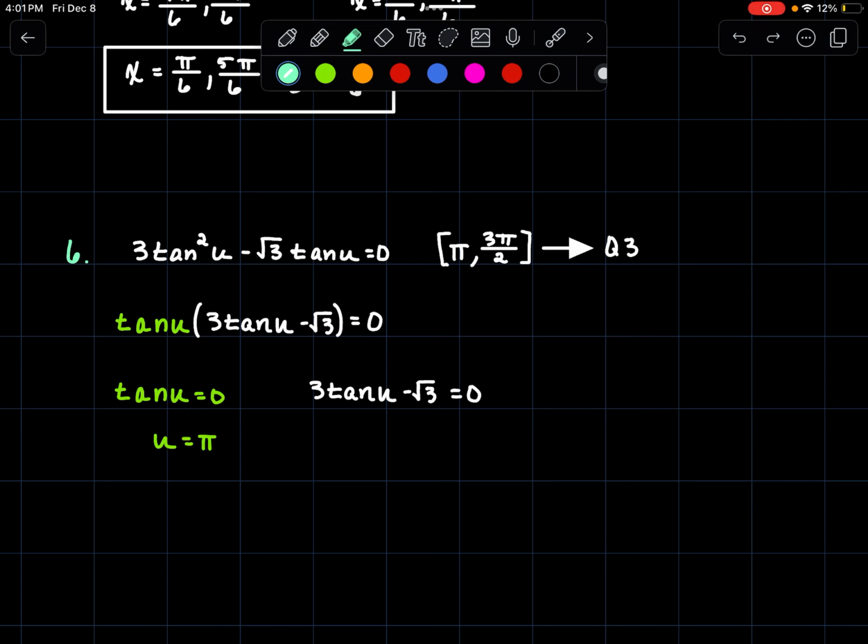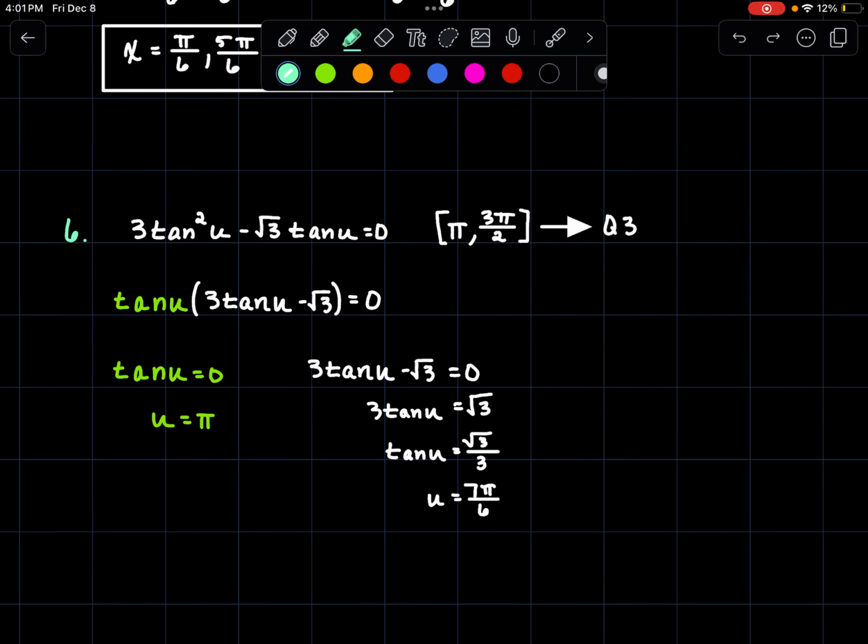And you do in fact have pi. Over to the 3 tangent minus root 3, we would add our root 3 over, divide by 3, and look to see, do I have a tangent value that has root 3 over 3 in that third quadrant? And once again, you do. This would be at 7 pi over 6. So there are 2 solutions to this trig equation, which are pi and 7 pi over 6.